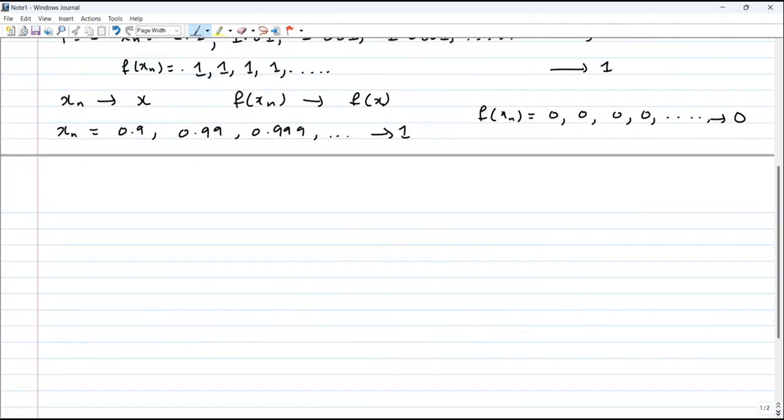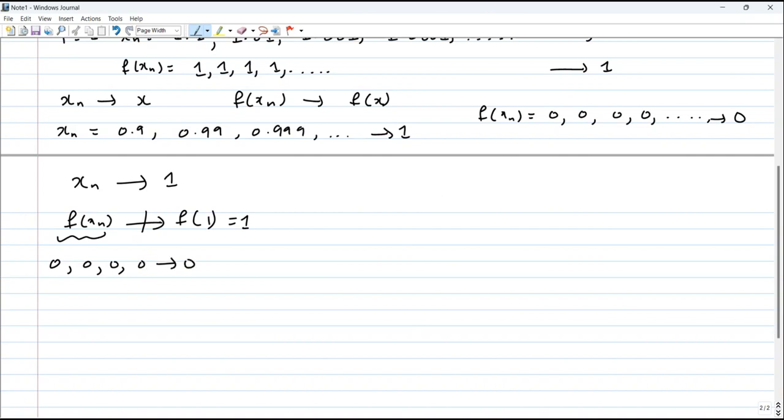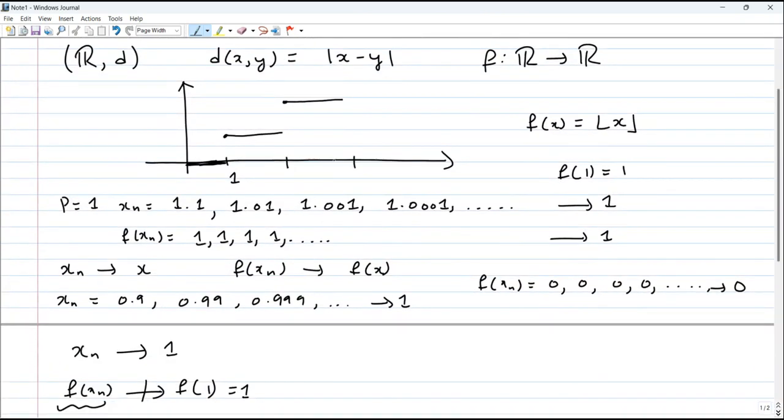In this case, although x_n tends to 1, f of x_n does not go to f of 1, because f of 1, the floor of 1, is equal to 1. However, f of x_n is a sequence of zeros, so it tends to 0. The reason it happens is that at this point 1, the function isn't continuous.